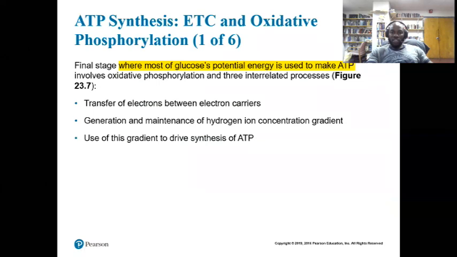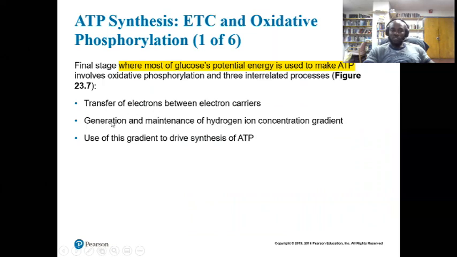Now we get into the electron transport chain. Oxidative phosphorylation. This is where most of the energy is made, in the presence of oxygen, aerobic. The basic idea here is transfer of electrons.